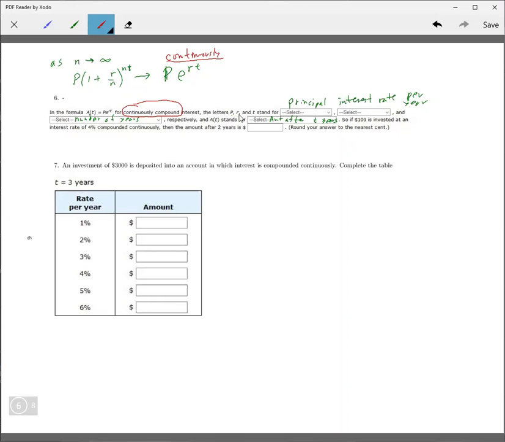Okay, so if $100 is invested at an interest rate of 4% compounded continuously, then the amount after 2 years is blank. So 100 is going to be the principal, and 4% means R will be 0.04, and 2 years means T is 2.